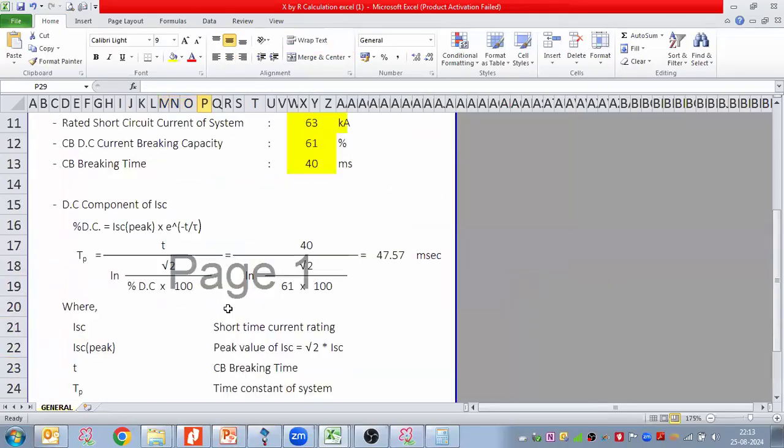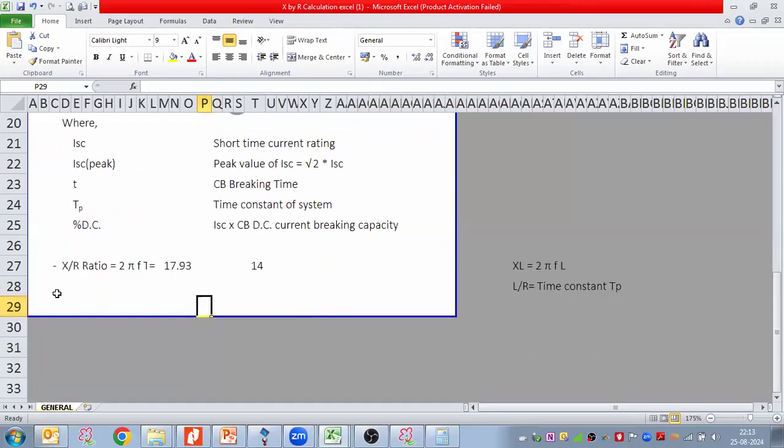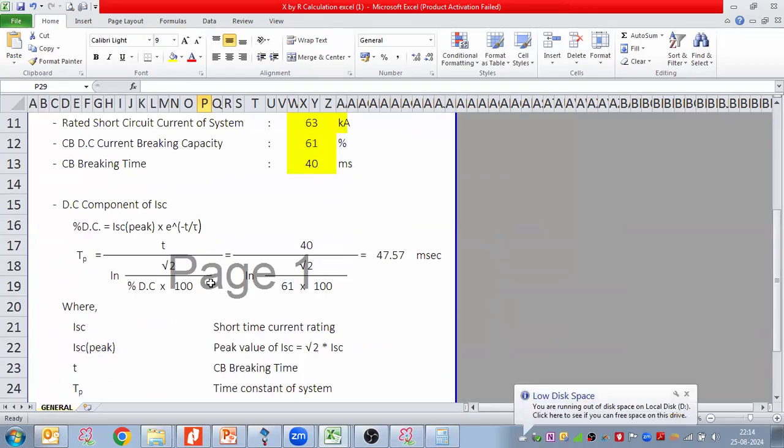So this is the way that, by solving these equations, we can find the X by R if we have a different breaking capacity or a different contact separation time. Then what should be the actual X by R? That we can also find out, or we can put it in ETAP.